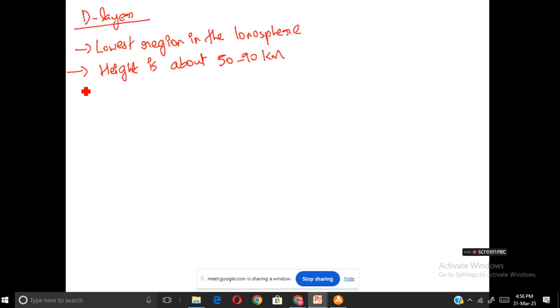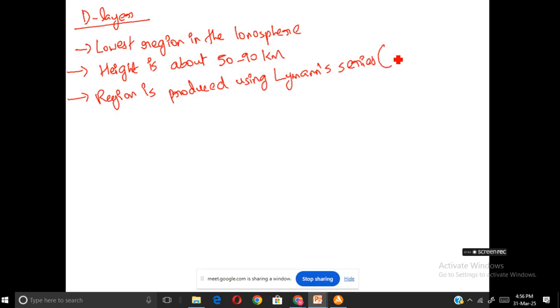This region is produced using Lyman alpha radiation with lambda equal to 121.6 nanometers.